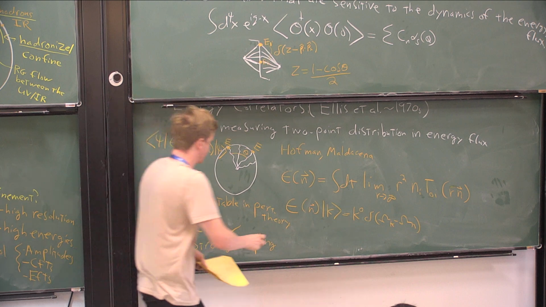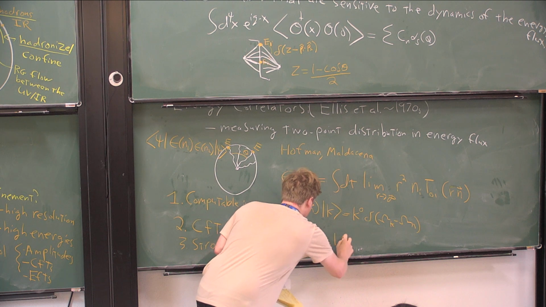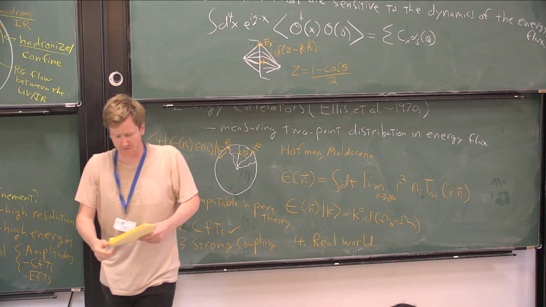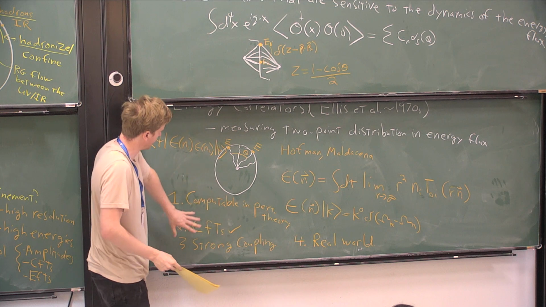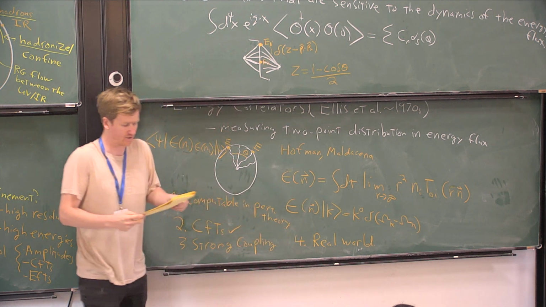And then finally, the nice thing about it is it can really be measured in the real world, as I'll show in a second. And so this makes it a kind of nice combination where you can gain intuition for how it behaves in all these different types of theories, and then go out and actually measure it and see how it behaves in real world QCD.